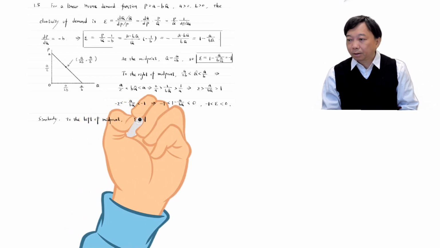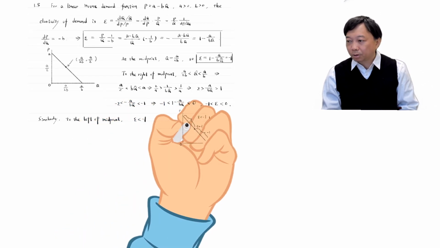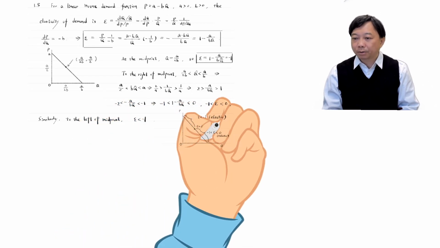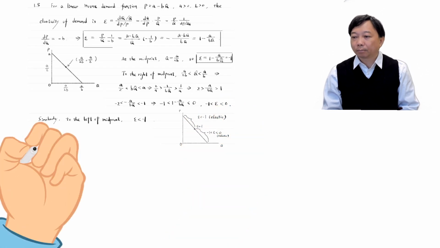The same reasoning gives the elasticity of demand to the left of the midpoint, which is less than minus 1. In other words, the inelastic portion of the demand is to the right of the midpoint, and the elastic portion of the demand is to the left of the midpoint.